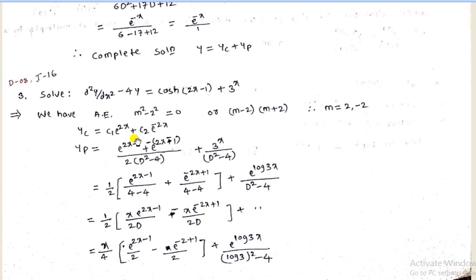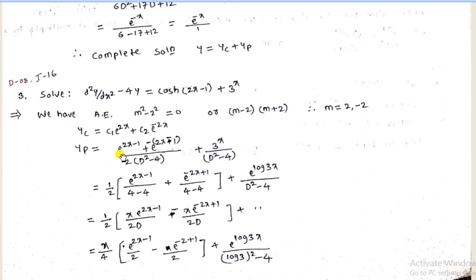Now we apply the hyperbolic formula for the cos function: (e to the power (2x minus 1) plus e to the power minus (2x minus 1)) whole divided by 2 into (D square minus 4), plus 3 raised to x. Again it is in the form of a raised to x, and therefore it is denoted as 3 raised to x divided by D square minus 4.